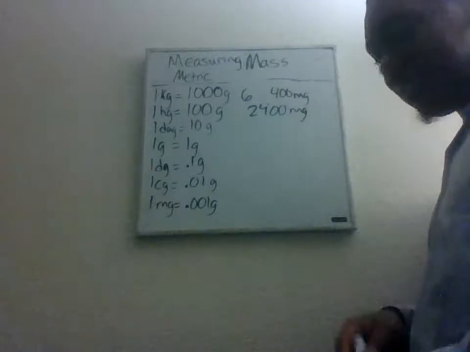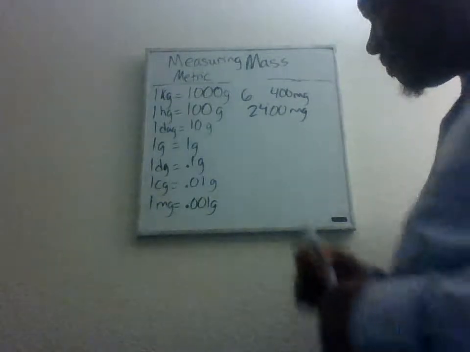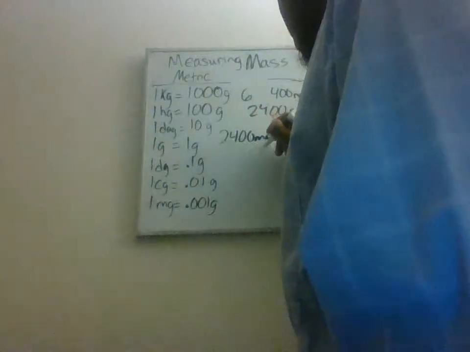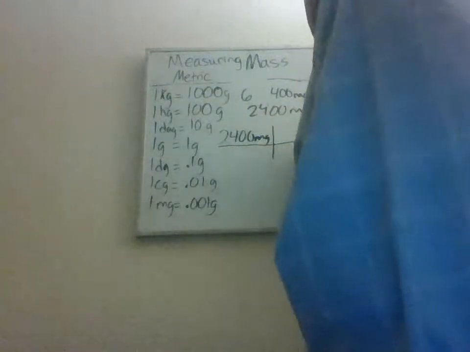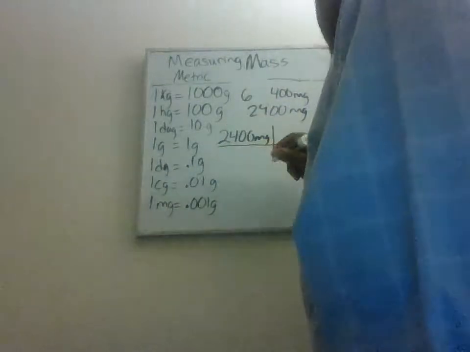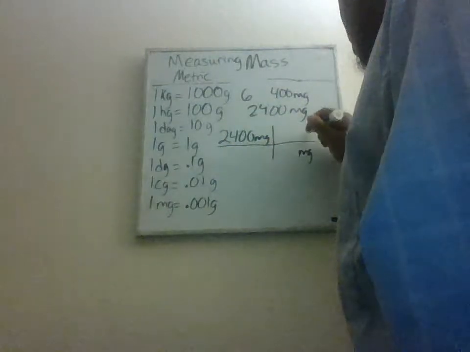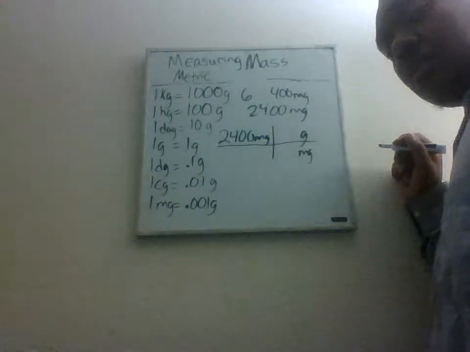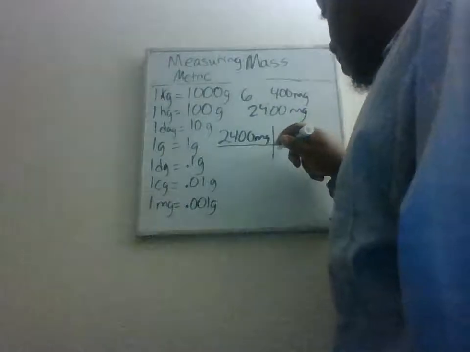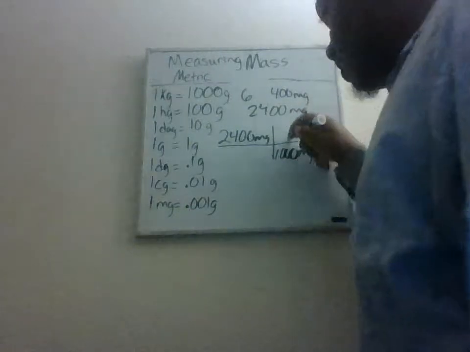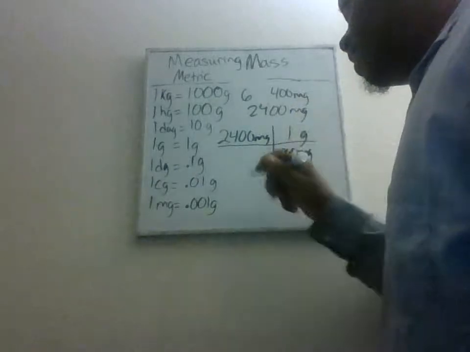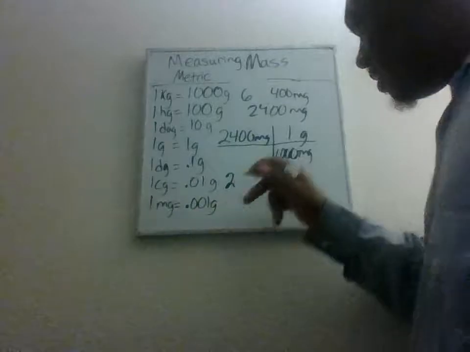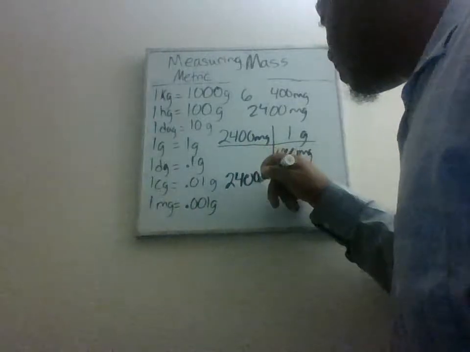Oh, you're correct. I can convert from milligrams to grams. Now, how many milligrams are in a gram? If you said 1,000, give yourself a pat on the back. If you said, well, isn't it just going to be 0.001 grams because we already have that written up there? Give yourself a pat on the back.